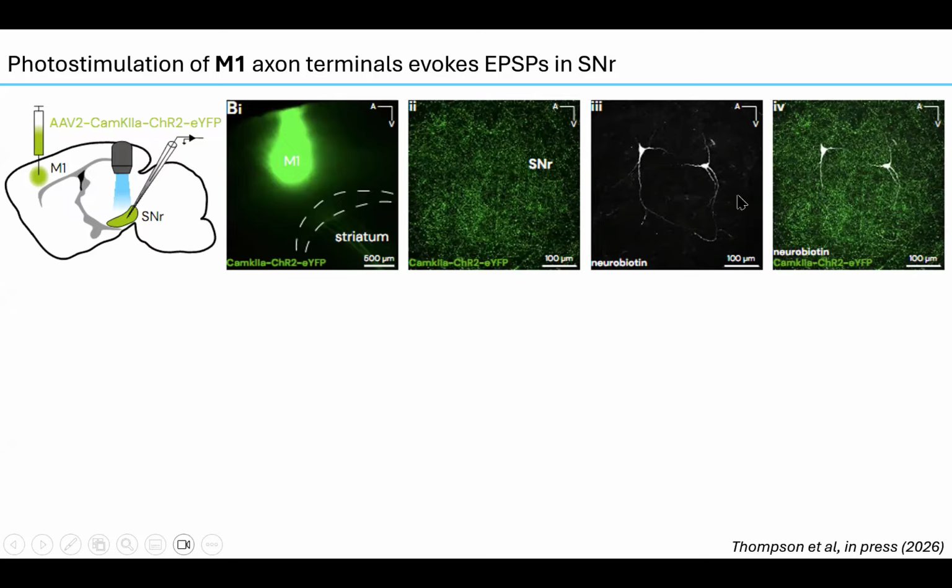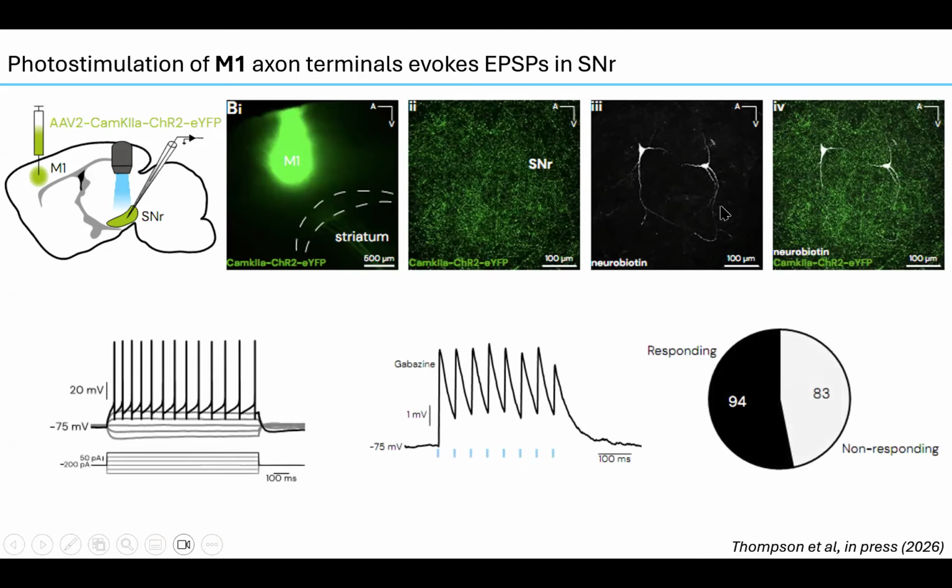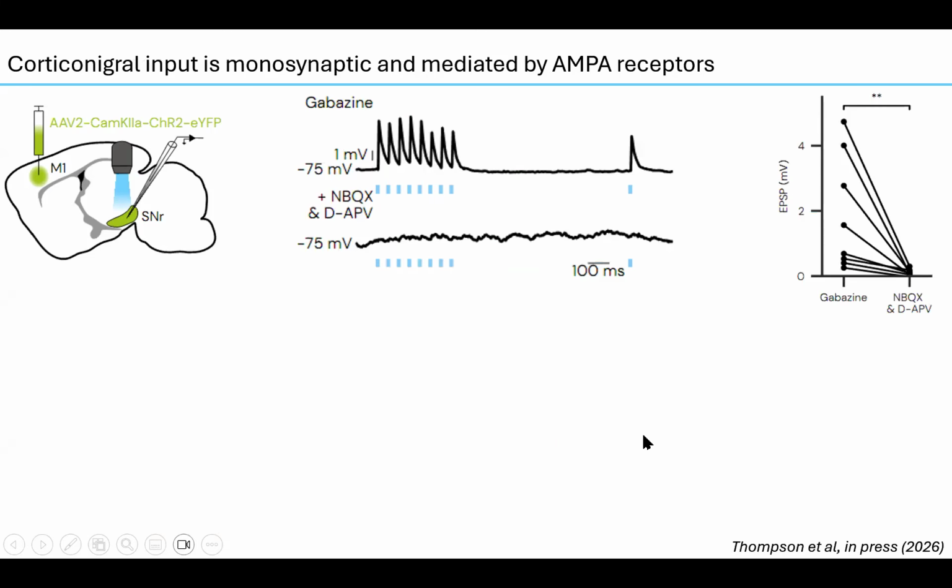And these are two neighboring cells that he patched. And indeed, when we stimulate with blue light the terminals coming from the cortex, we got strong synaptic responses. Not in all cells. There were cells that did not respond at all. There were cells that respond very strongly, but a bit more than half of the neurons responded directly to cortical input.